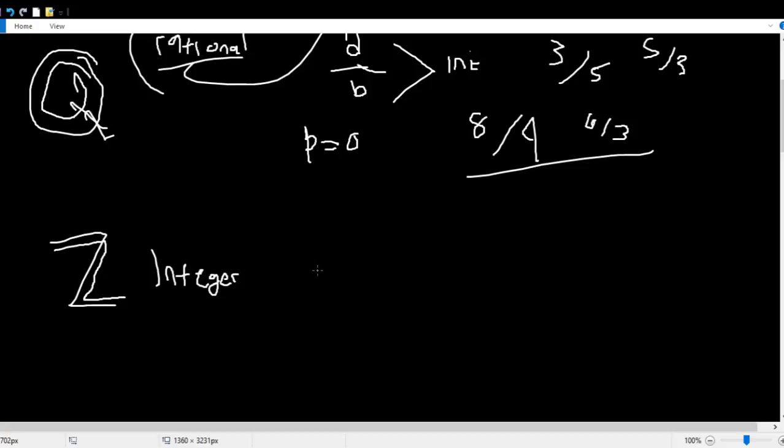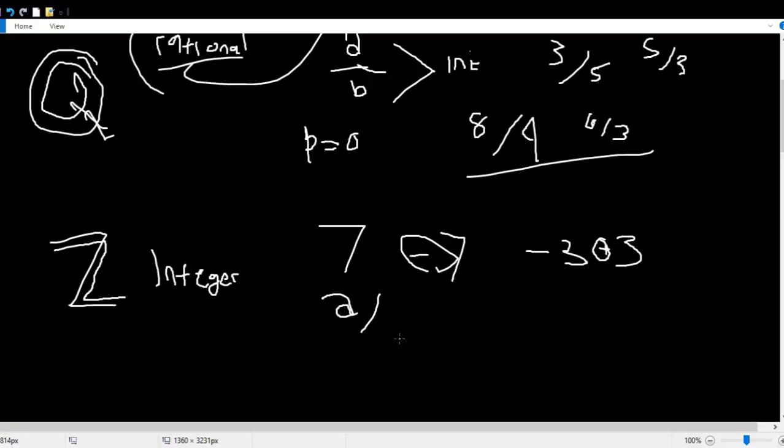An integer is just a word that means, okay, you have a whole number. So 7, -7, -3, +3. It doesn't matter if they're negative or positive. As long as they are whole numbers, it will come out to be an integer.